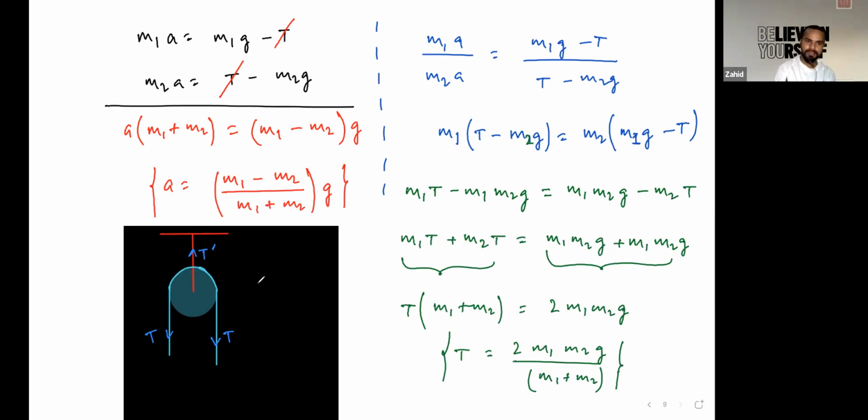So T dash must be equals to 2 times of T, and we have calculated the value of T as 2 times of M1 M2 G divided by M1 plus M2. So T dash would be equals to 4 times of M1 M2 G divided by M1 plus M2.